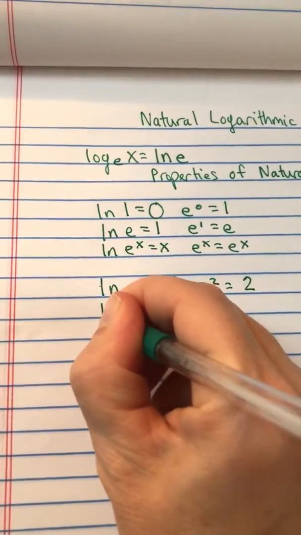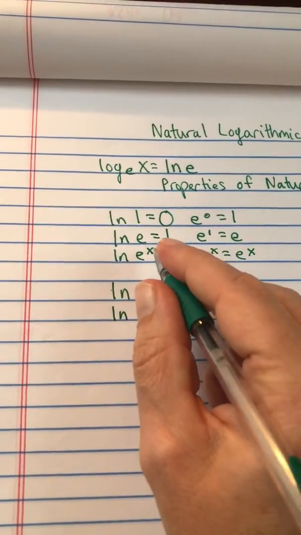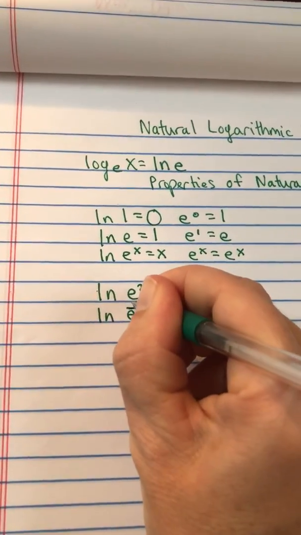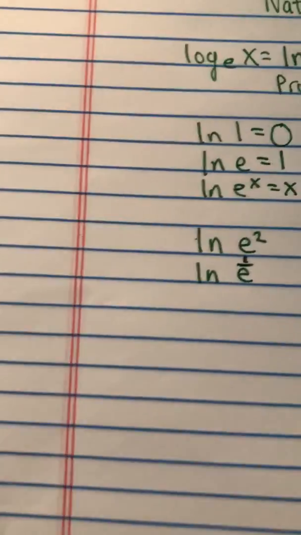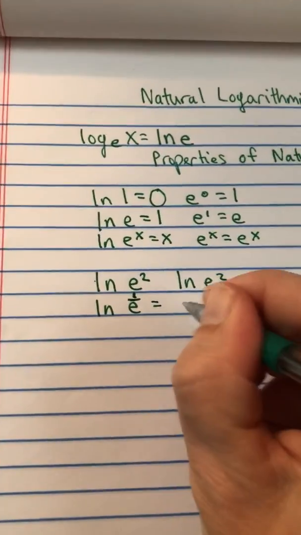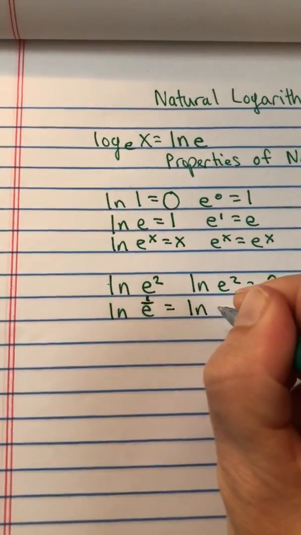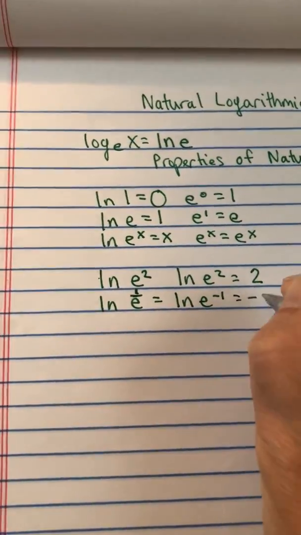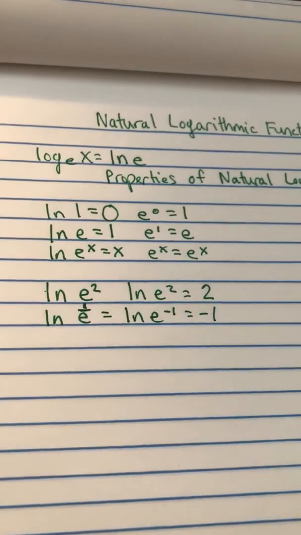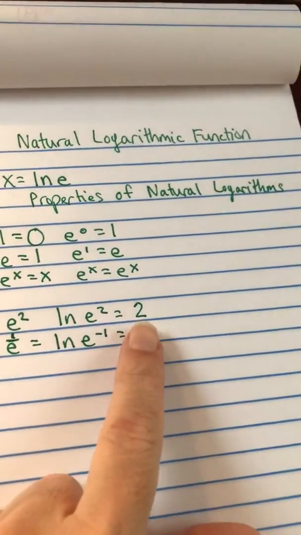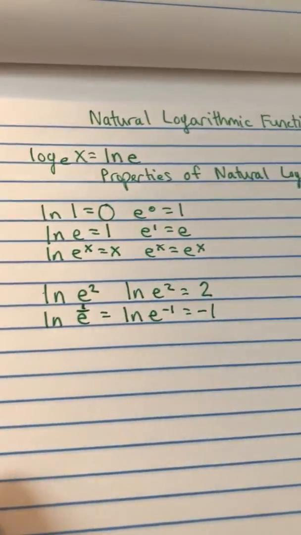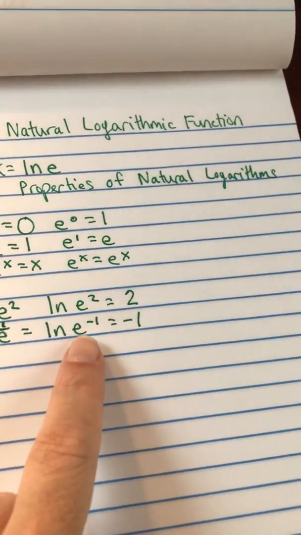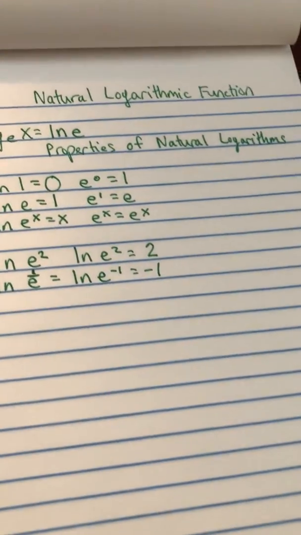The natural log of 1 over e, equals the natural log of e to the negative 1, right? 1 over e. So there it equals negative 1. So you're kind of happy when you see a natural log problem, okay? e squared, it's 2, because you're always looking for the exponent in logarithms. And 1 over e, e to the negative 1, it's negative 1, okay?